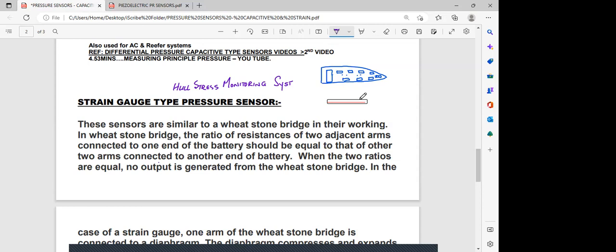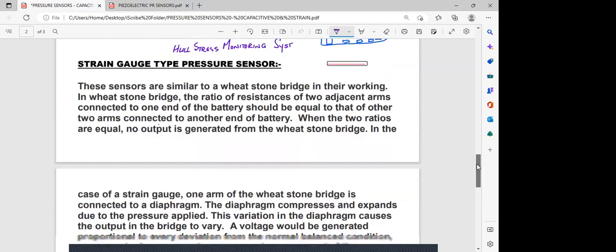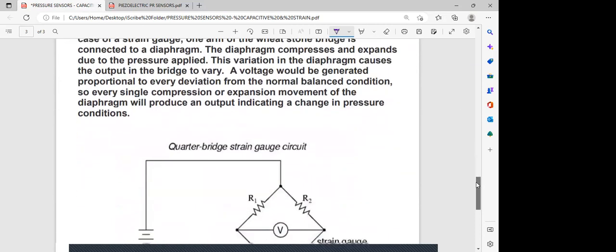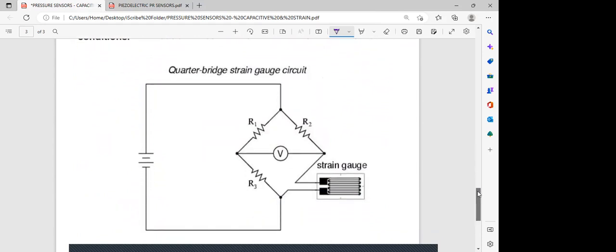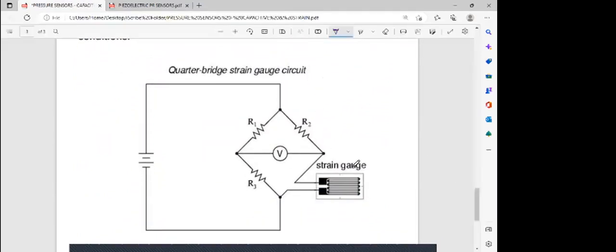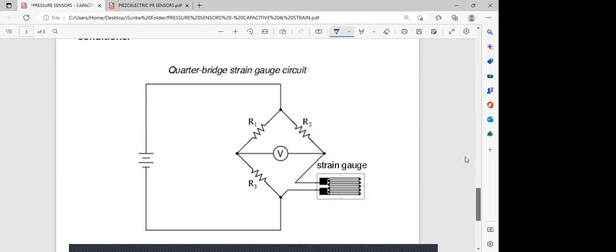They were waterproof boxes. Inside that box, you had a solid stainless steel rod. The forward end was connected to the deck of your ship, and the other one was connected to what was called the strain gauge in a Wheatstone bridge formation. So this was the strain gauge, and it was connected in a Wheatstone bridge configuration.